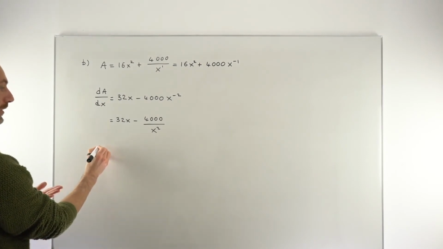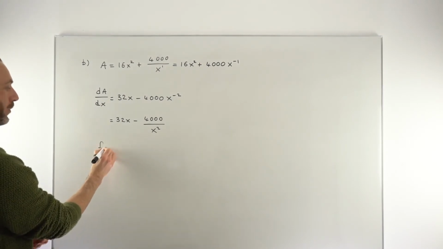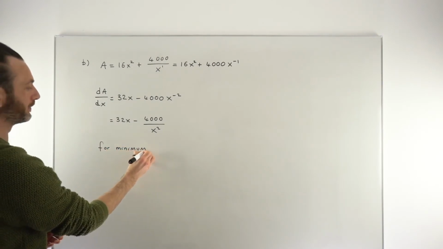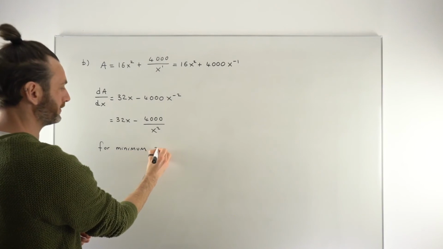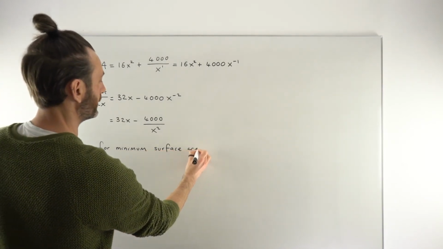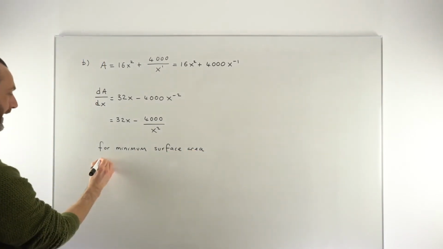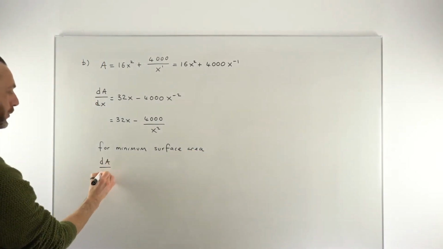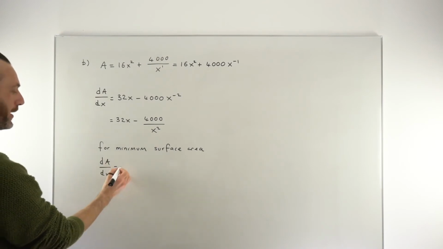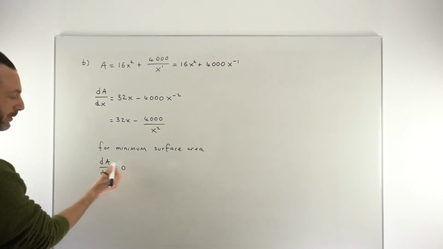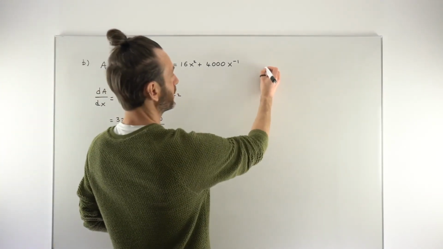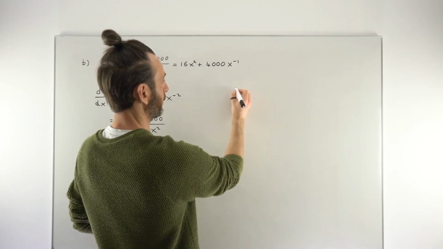Question is not strictly stationary points, so I'm going to write for minimum surface area, because that's what the formula represents. For minimum surface area, dA dx, which is the appropriate letters, I guess, for the question, equals 0. So that's what we're going to be doing, taking our derivative and setting it equal to 0. So I'm just going to pull that over here. In fact, to make some space, we'll maybe just put it here.